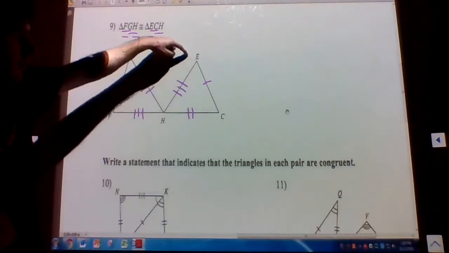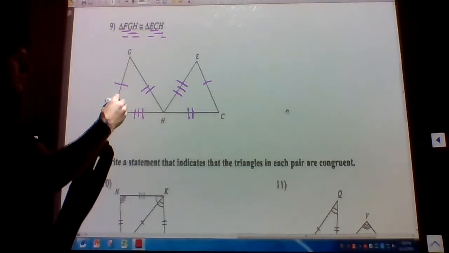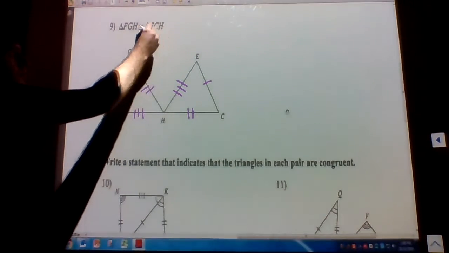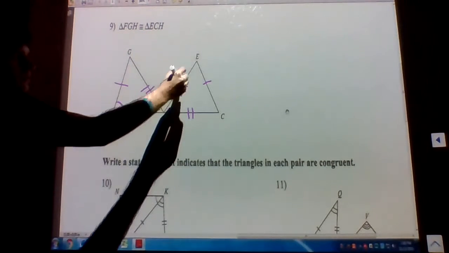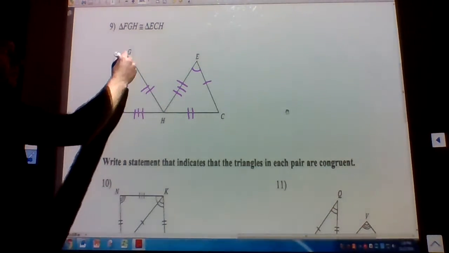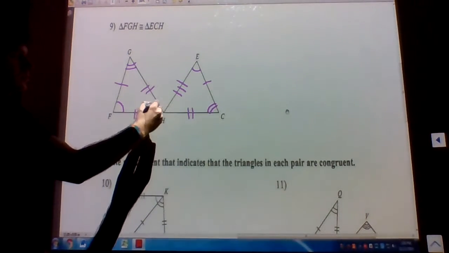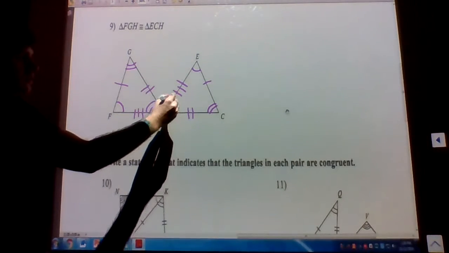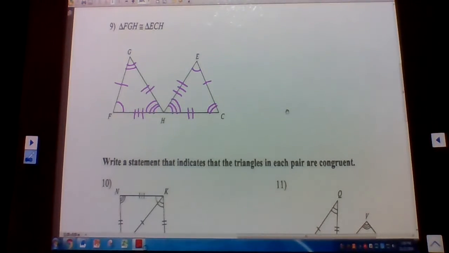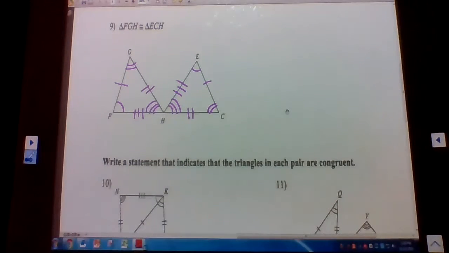It's like it comes out of that one. Angle F would correspond with E, so it would be those 2 angles. Angle G is going to correspond with C, so it's those 2 angles. And angle H in the first triangle is going to correspond with H in the second triangle. And we could write those all out, but we're not going to spend the time.